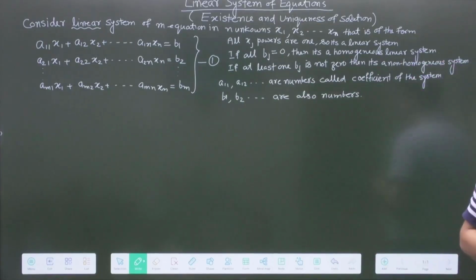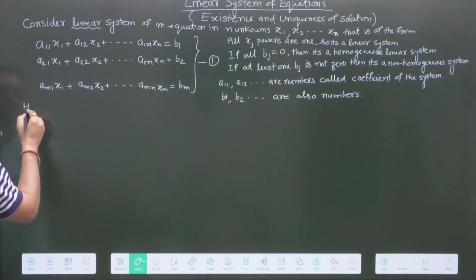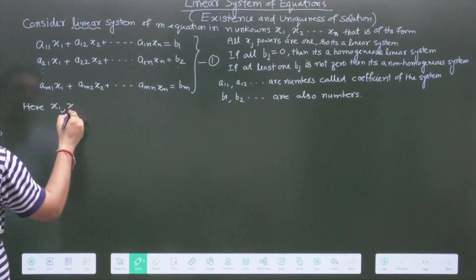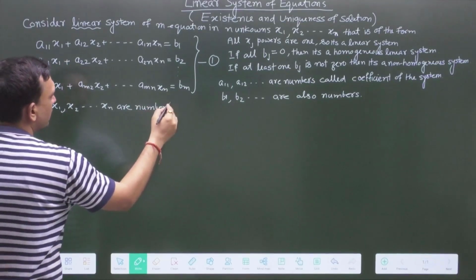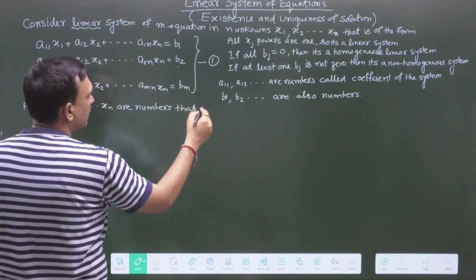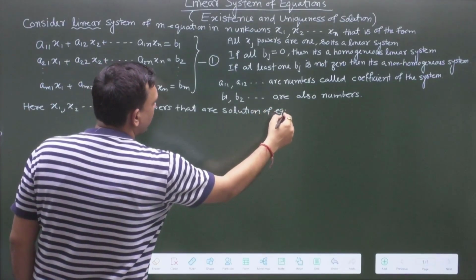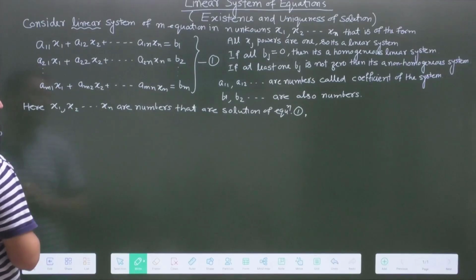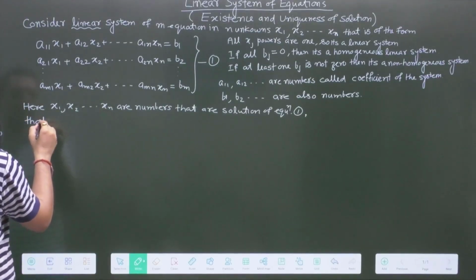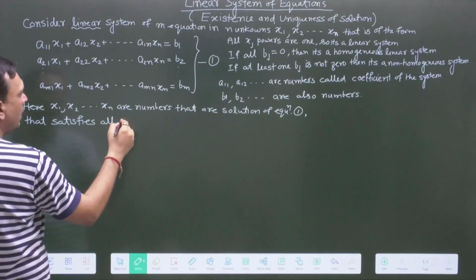Here x1, x2, xn are numbers that are a solution of equation 1, that is, they satisfy all m equations.